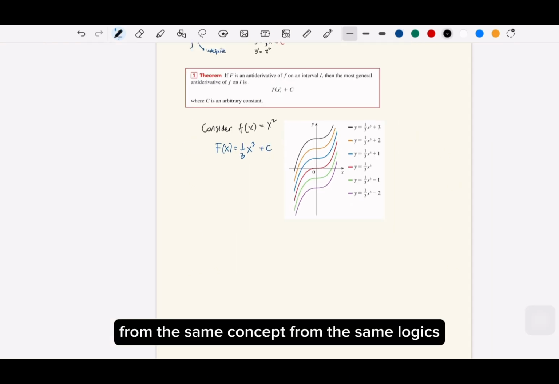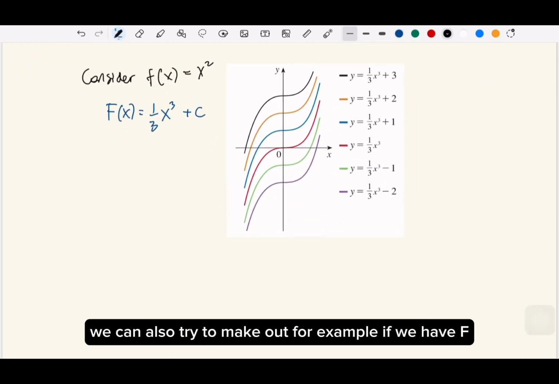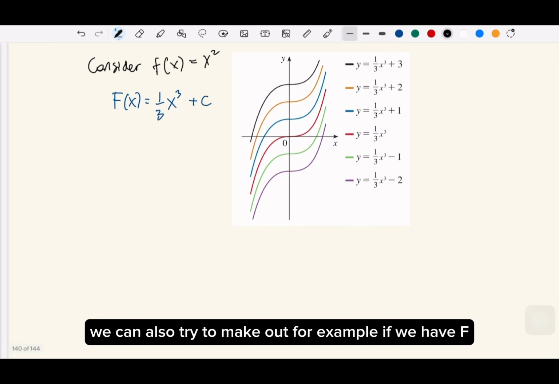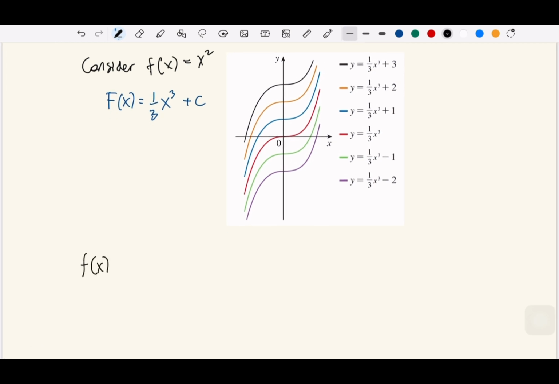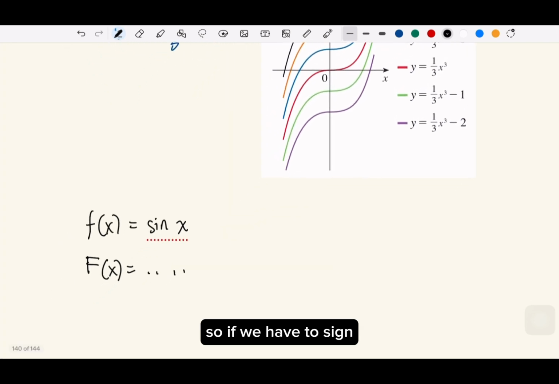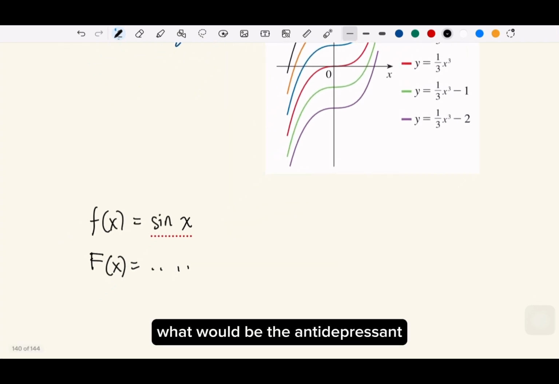From the same concept, from the same logic, we can also try, for example, if we have f equal to sine, what would be the antiderivative? The logical way to see this is what kind of function, when we derive it, results in sine? Cosine, right?